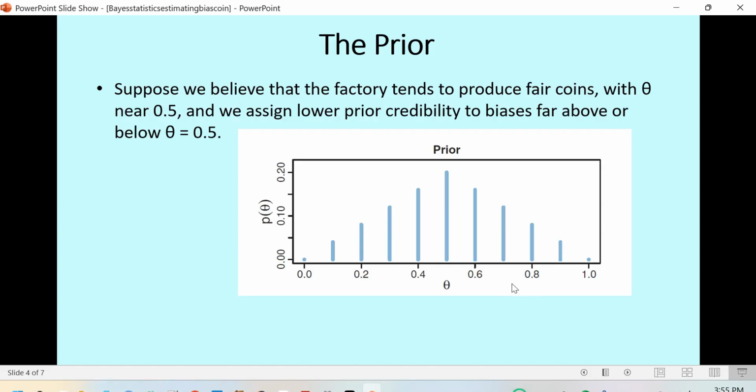The probability of theta equals 0.2 is low in the prior, but the probability of theta equals 0.5 is very high.